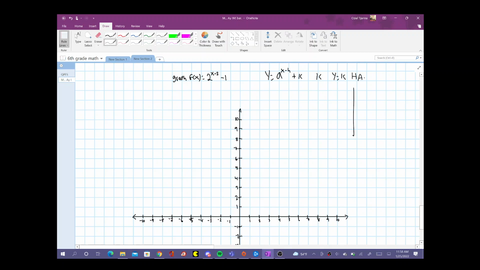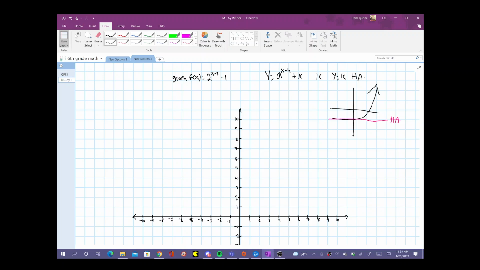Now, what is a horizontal asymptote? That means that whenever you have a graph like this, over here at this value is your horizontal asymptote. Okay, so that is the horizontal asymptote right there.